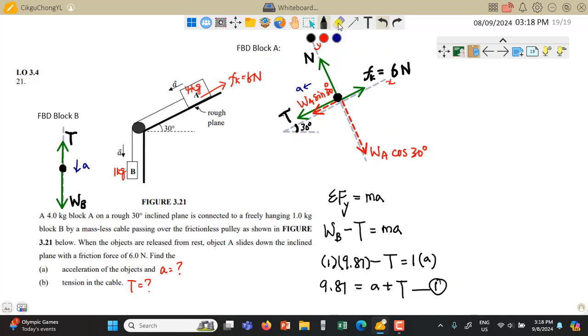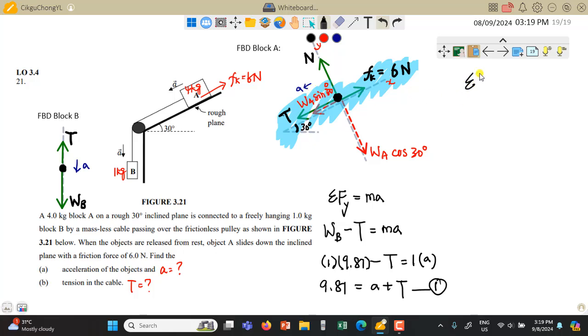FBD for block A. So block A accelerates along the inclined plane. So we focus on the components of forces along the inclined plane which contribute to the acceleration of the block. So we have this one. The tension and the WA sin 30 are in the direction of acceleration, whereas the friction is in the opposite direction of acceleration.